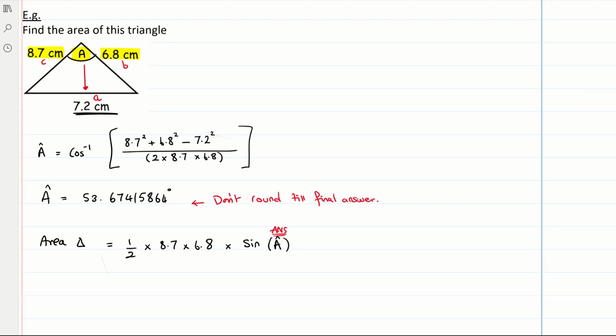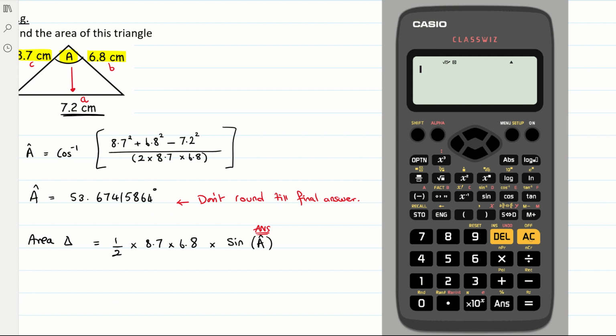I'm going to show you what you do. So half times, oh, I took it off, but it doesn't matter, it's still saved there. 8.7 times 6.8 times sine answer. So it is 23.8.